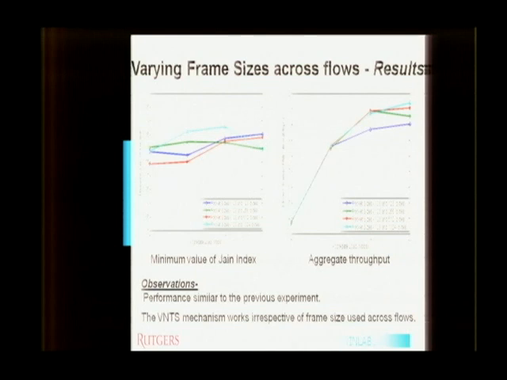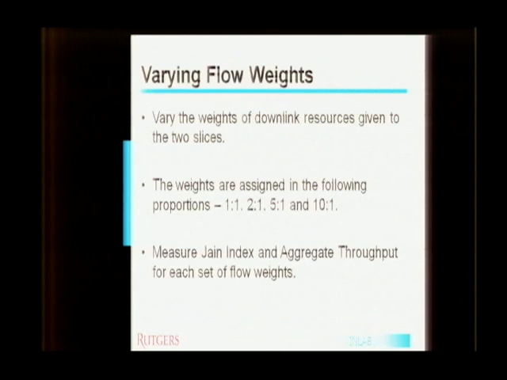And the next experiment that we did was to assign weights to different clients. So we have two clients in operation at this point of time. What we do is we assign a 1:1 fairness ratio in the beginning, then we move to 2:1, and then move to 5:1 and 10:1. So what this basically means is from the available link resources that are present, we assign 1:1 in the beginning and then try and increase this and see if this has an effect on the performance.